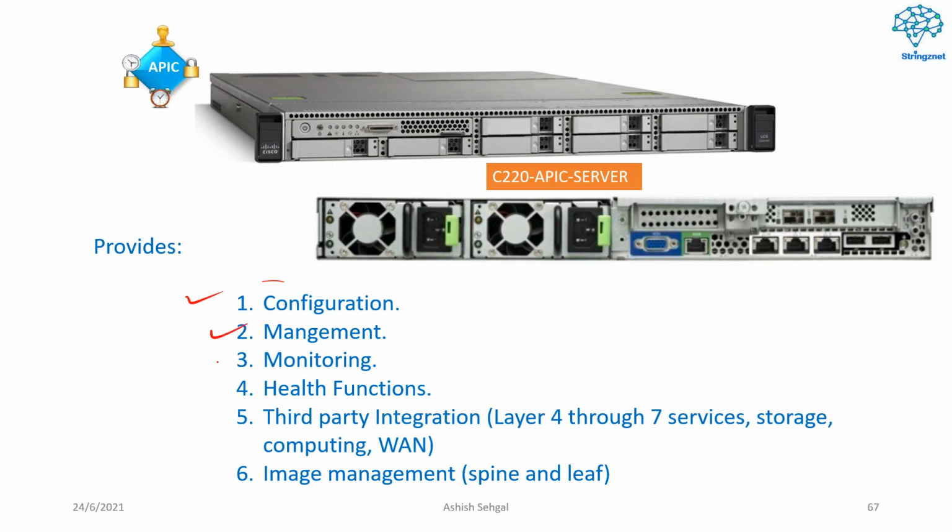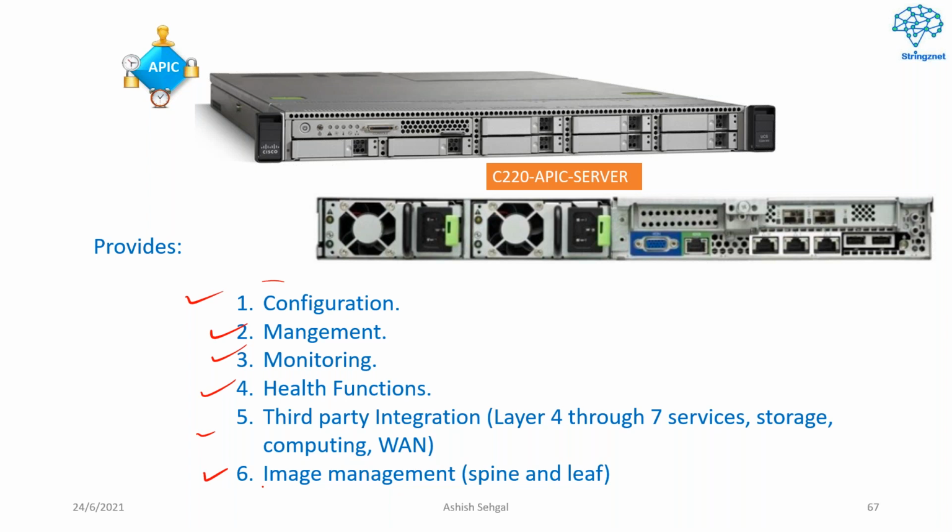It does management, job monitoring, health function, third-party integration, which is nothing but if we need to deploy, say, a FortiGate firewall, F5 load balancer, etc. That is called layer 4 to layer 7 service integration. This controller has a capability to allow us to do layer 4 to layer 7 integration as well. It is also a very important task.